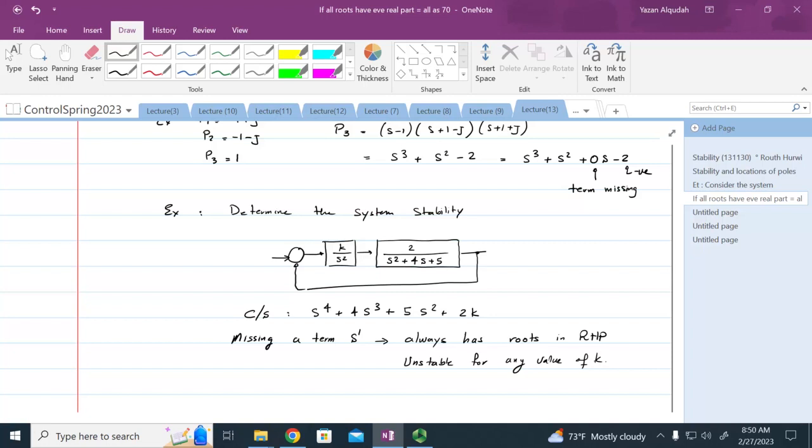Again, the stability has nothing to do with the input, it has to do with the system. This system has a root that is in the right half plane. So therefore, it's always going to have a term that is exponentially growing. So even though I might apply a finite input to it, it's going to have an output that's going to go to infinity. Make sense?